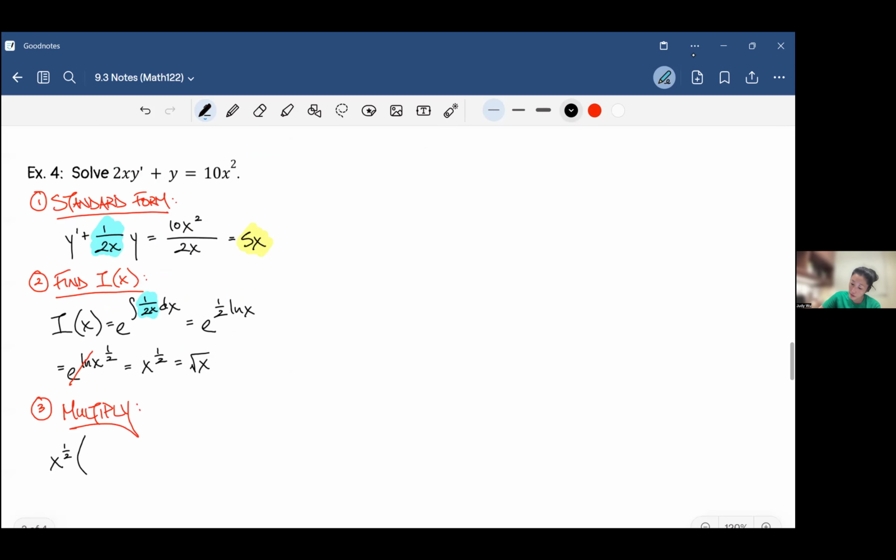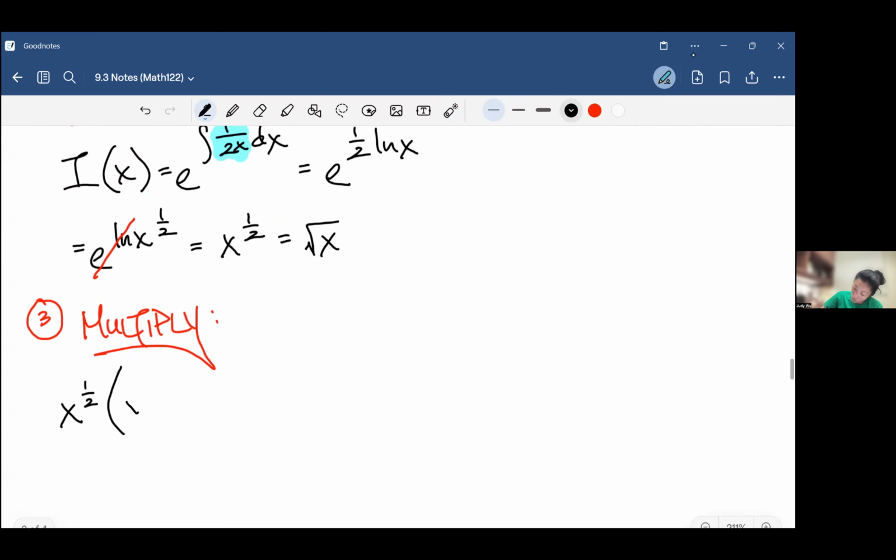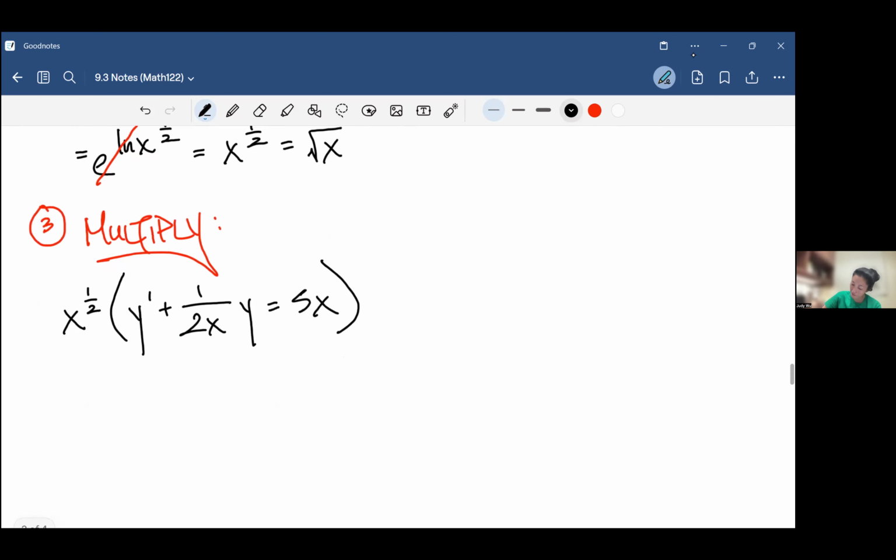In other words, I'm multiplying it by whatever I wrote in step 1. So I'm going to multiply this by y prime plus 1 over 2x y equals 5x. Okay? All right, let's do some algebra.